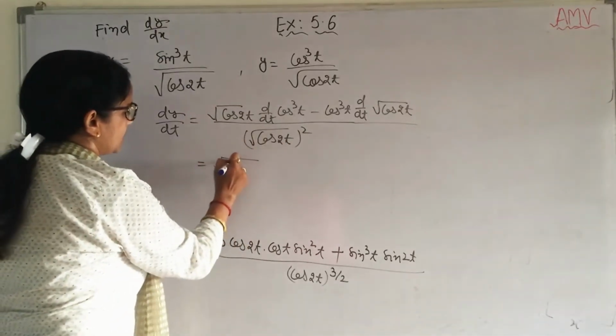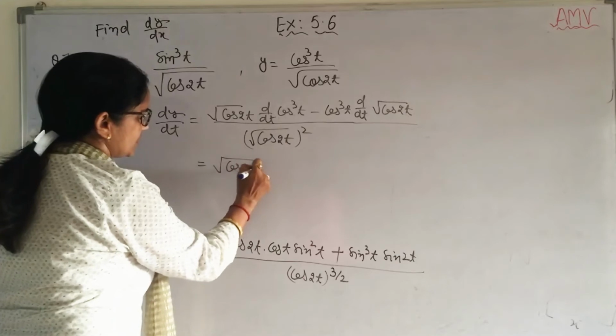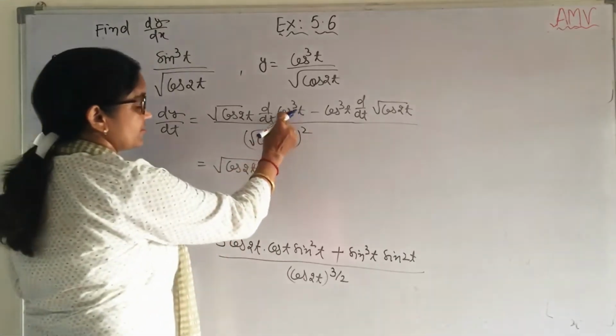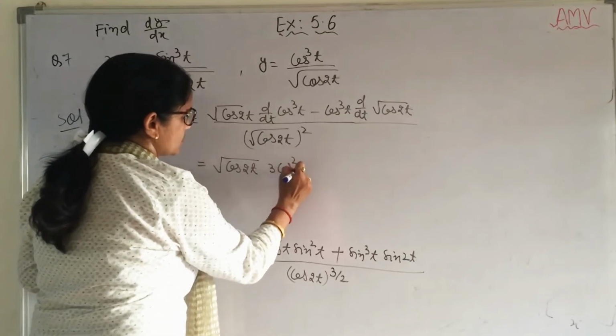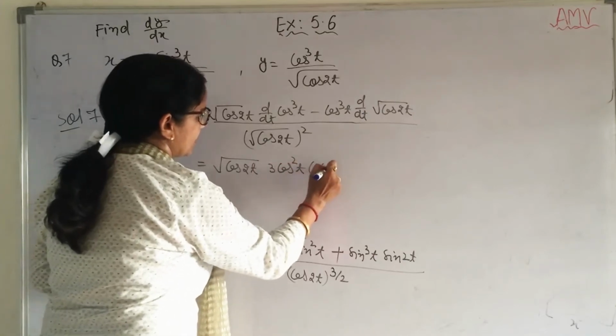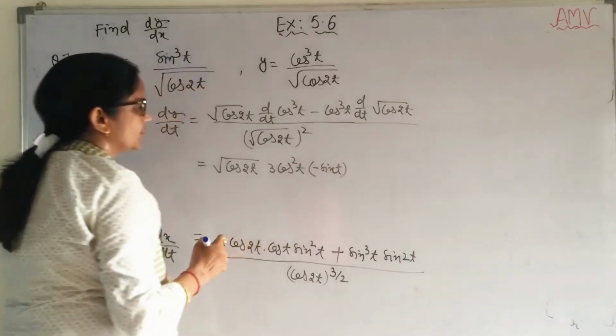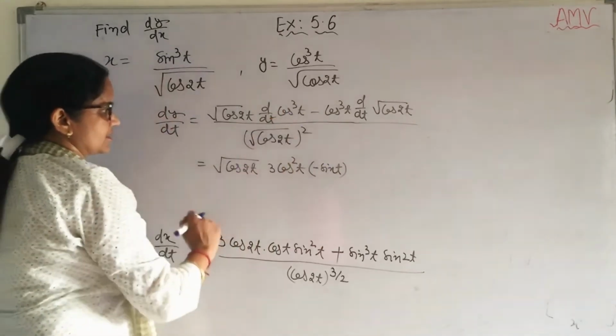Here under root cos 2t is as it is, derivative of cos cube t is 3 cos square t and minus sin t, derivative of cos t.